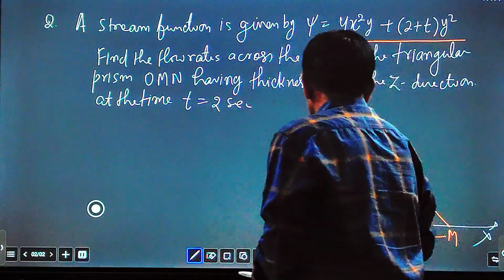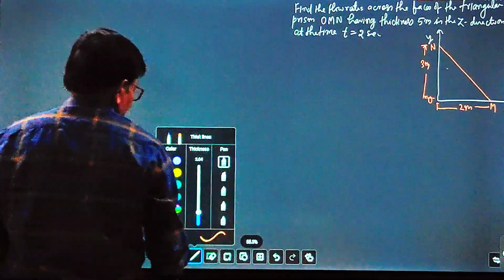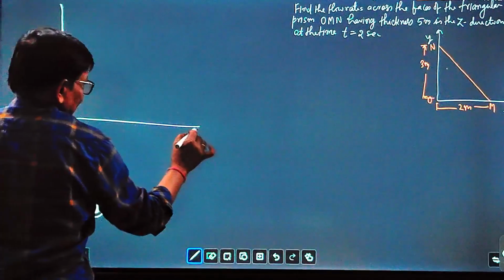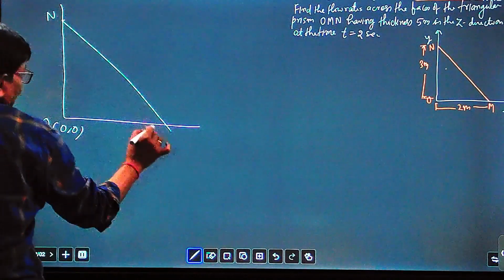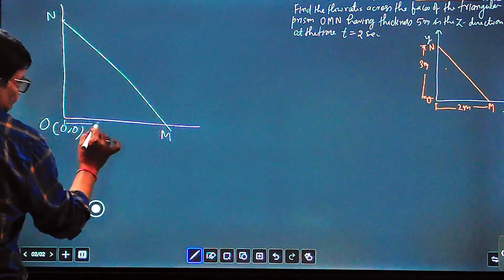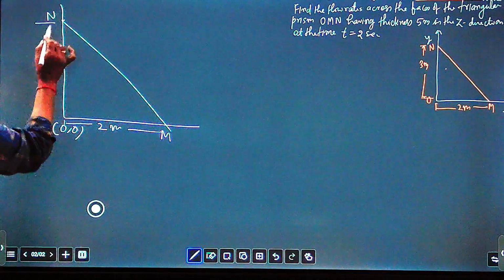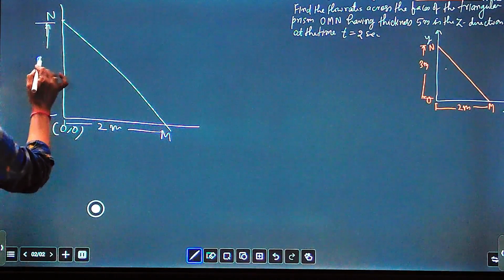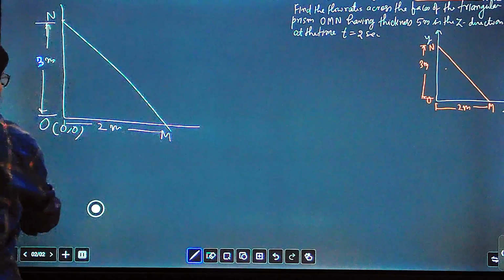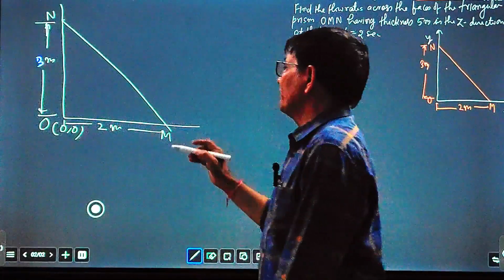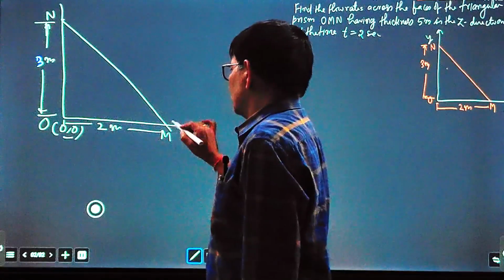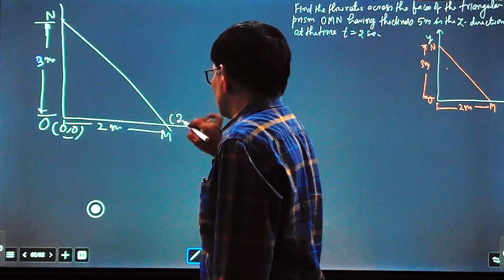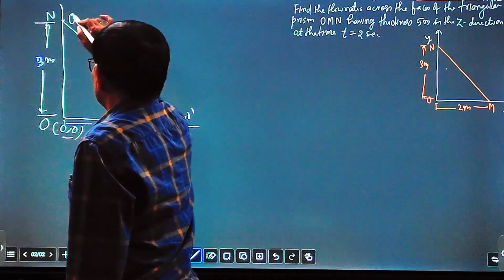So let us solve this one. Again drawing, this is O at 0 0, this is N and this is M, and this length is given as 2 meter and this length is given as 3 meter. First of all we have to find the coordinates of O, M, N. This is 0 0, it is clear, the coordinate of this one is 2 and 0, and this one is 0 and 3.